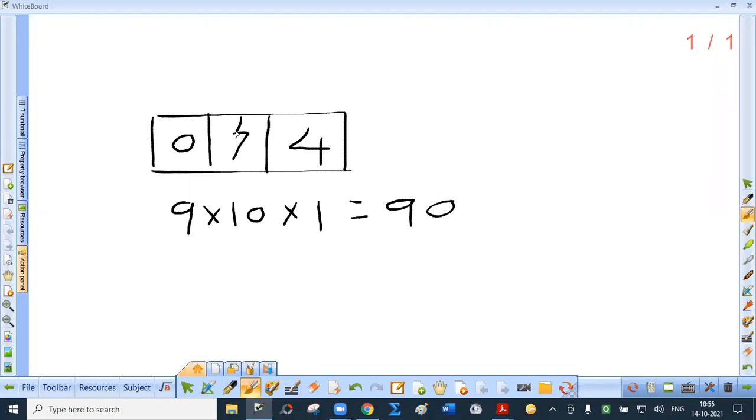Therefore, this place can be filled in one way.